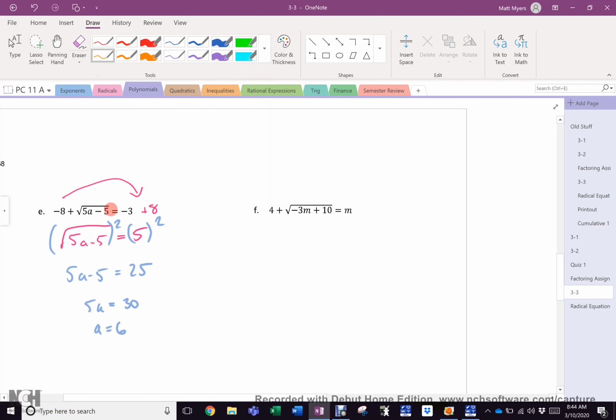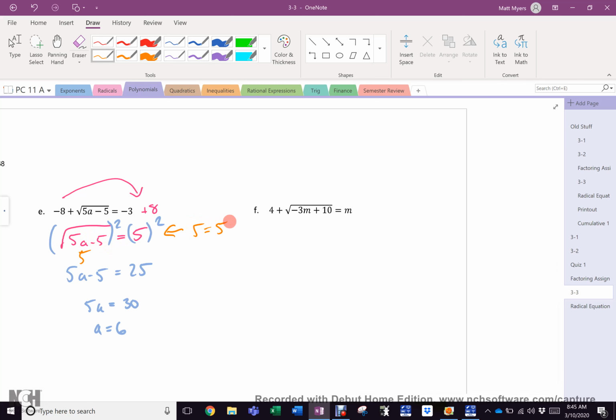If I'm going to go to this line right here, because then I don't have to deal with this negative 8, right? At this line right here, what is 5 times 6? What's 30 minus 5? What's the square root of 25? So that side's 5. Does 5 equal 5? So we're good, right?